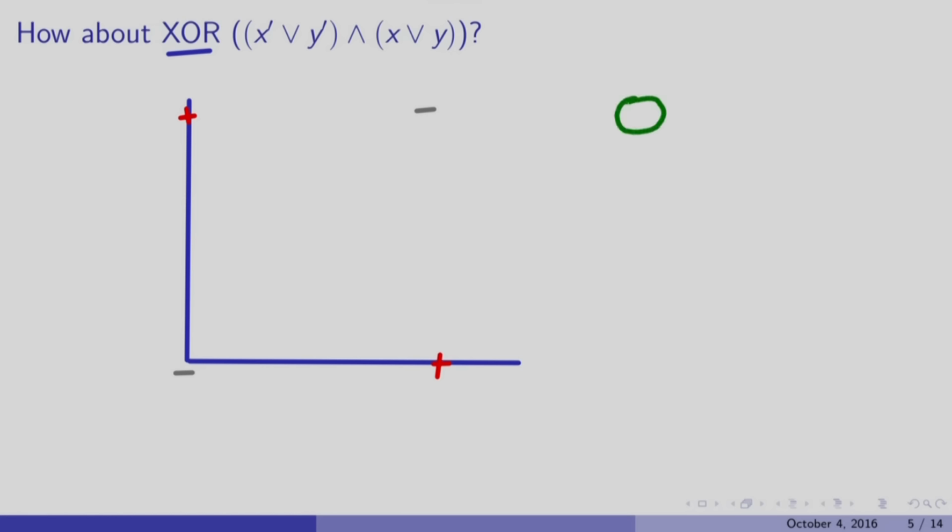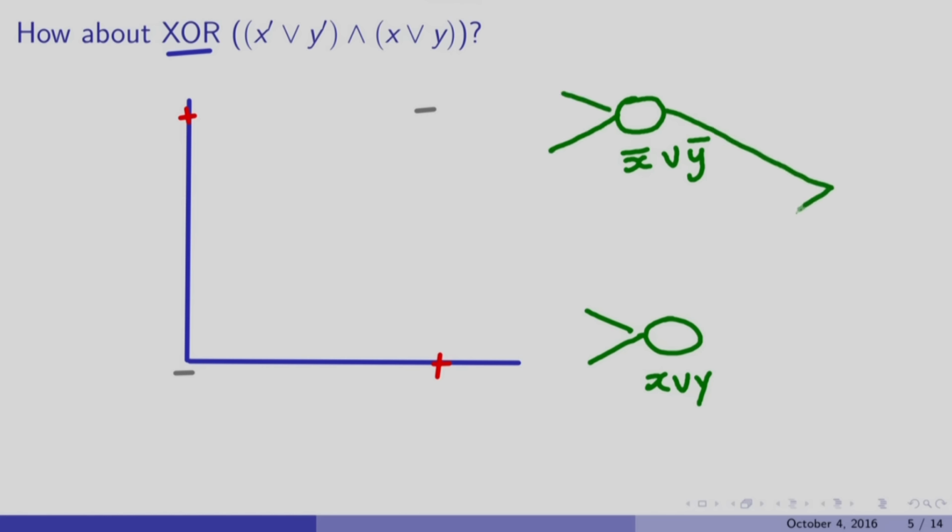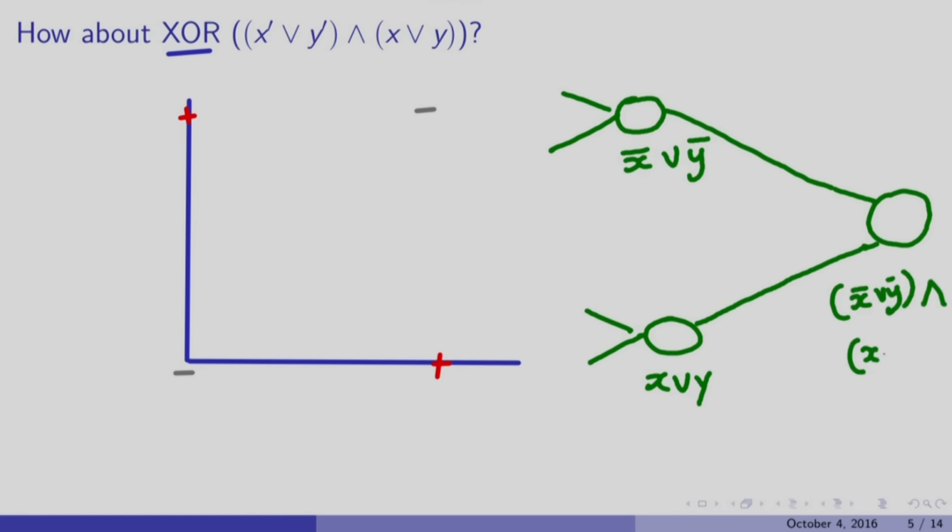Let us say we had one node for not x or not y, another node for x or y, and then we consider a third node which takes a conjunction of these two, that is not x or not y and x or y.